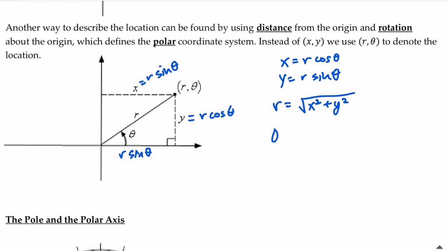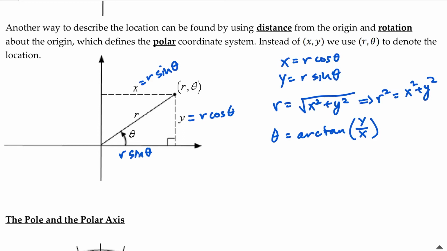And then theta, of course, is just going to be the arctan of y over x. So these are going to be kind of the common values that we use here. One thing we'll note is that we can square r to get rid of the square root, just to get that direct Pythagorean relationship. So r squared is just equal to x squared plus y squared.